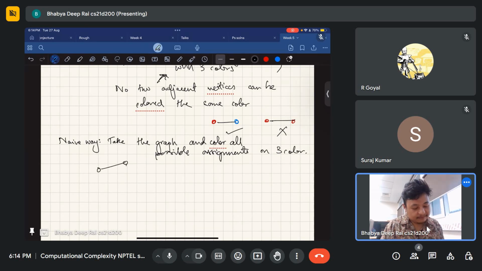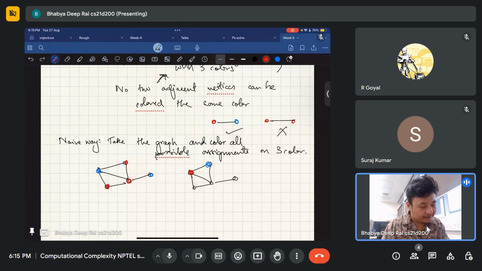So I do this. You have a graph given to us, and first I'll color this red, this blue, and this red again, and blue, and red. Then I take the same graph and do all possible combinations: red, blue, red.